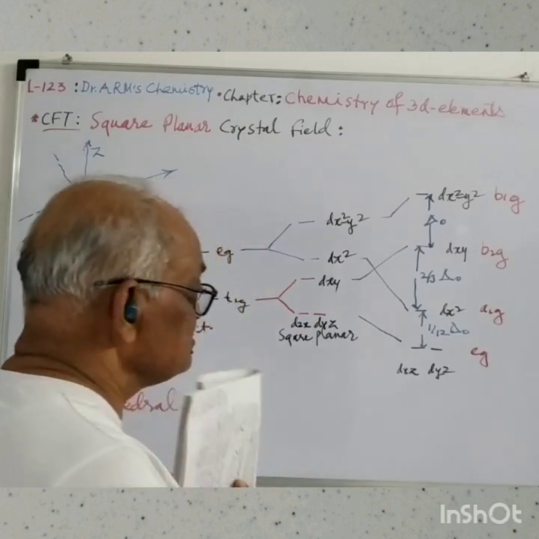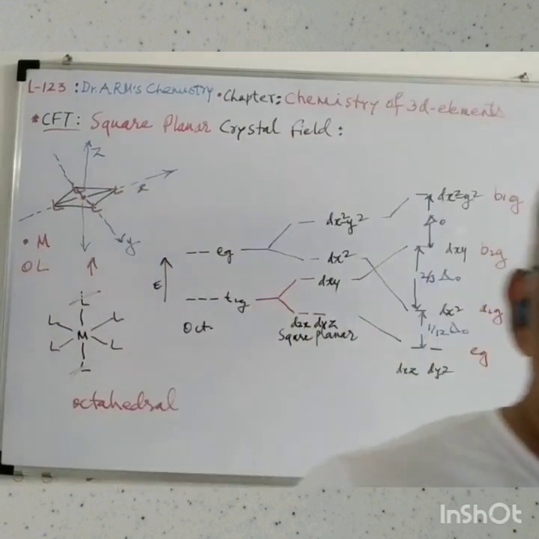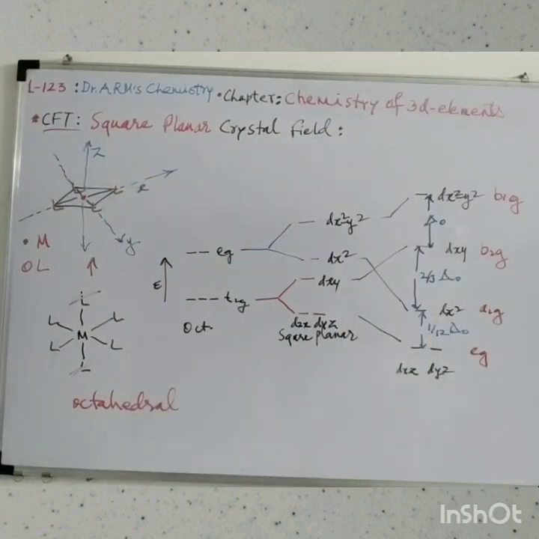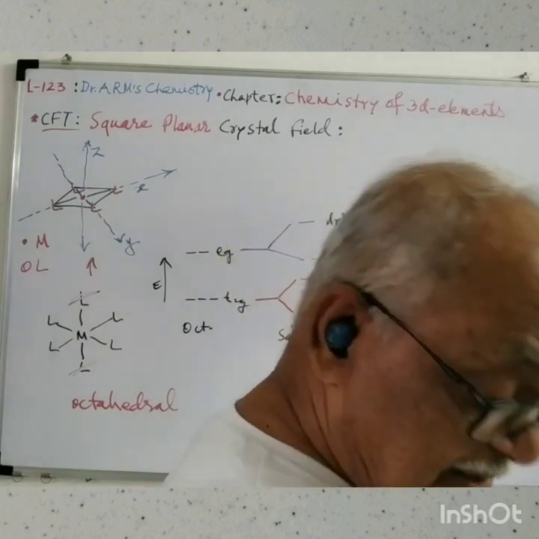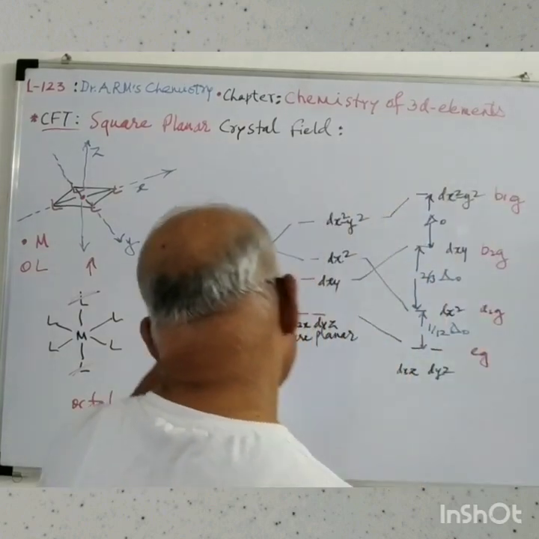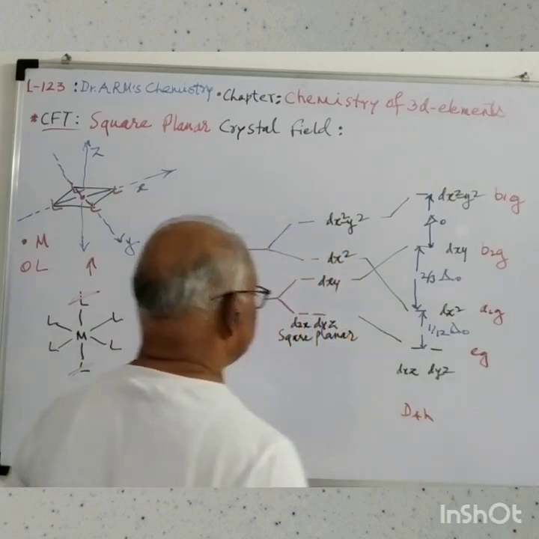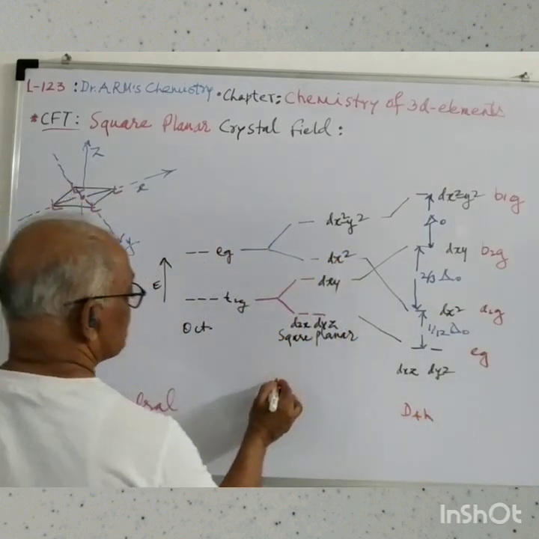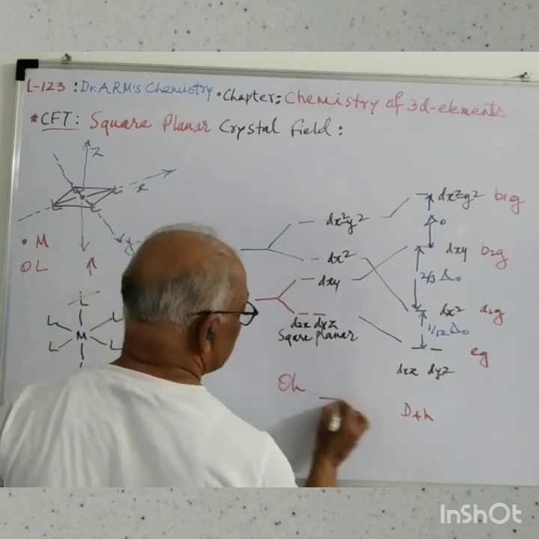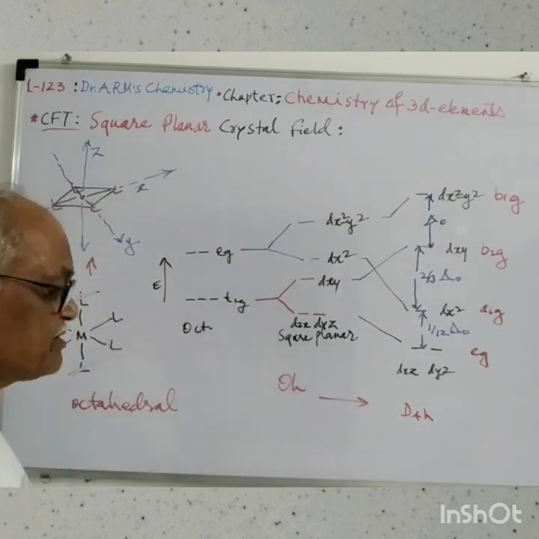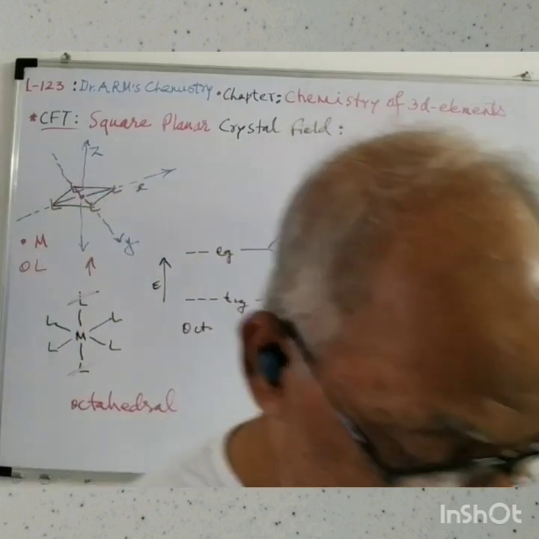With respect to symmetry, the symmetry is shown by these orbitals in this way. The symmetry of the square planar structure is shown as D4h. So the octahedral symmetry is changed to D4h symmetry in this way.